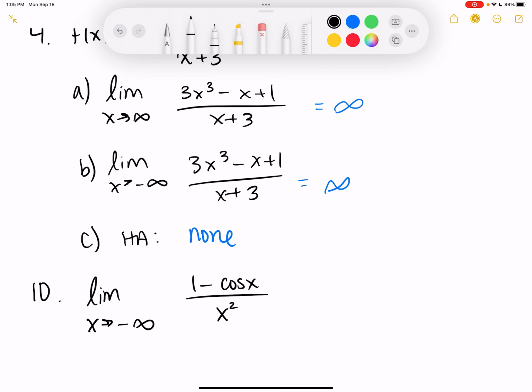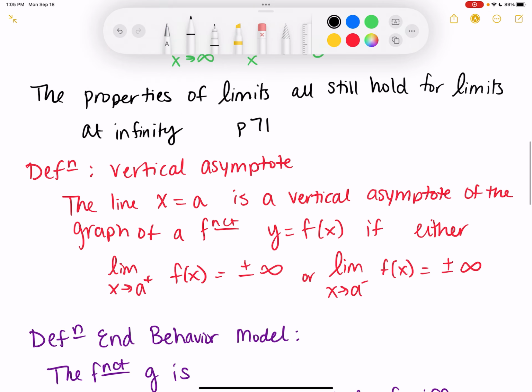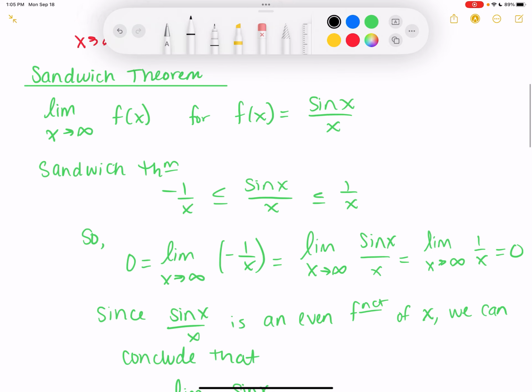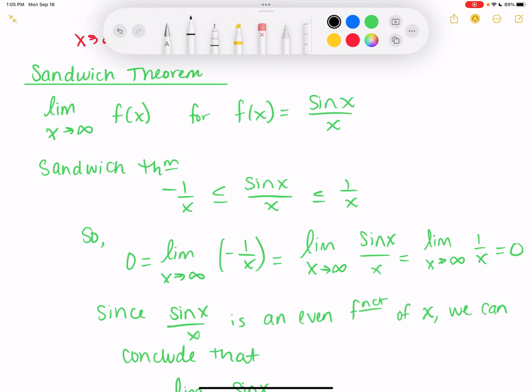So with the sandwich theorem, I'm sandwiching this between 2 things that I know how to find the limit of at infinity. The one we're about to do is very similar. We compared the previous one with 1 over x because that was sine of x over x. I know that between negative 1 over x and positive 1 over x, somewhere in there, this should fit.